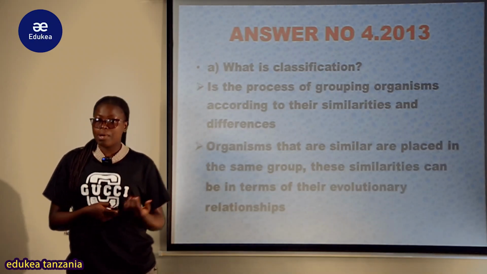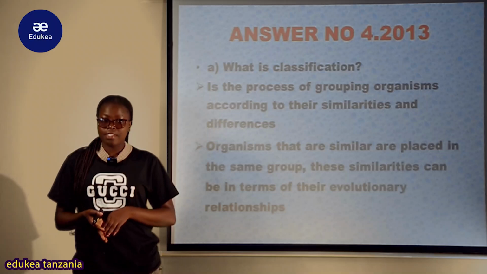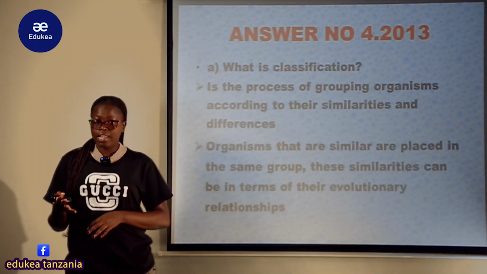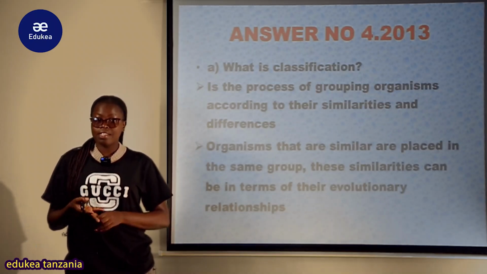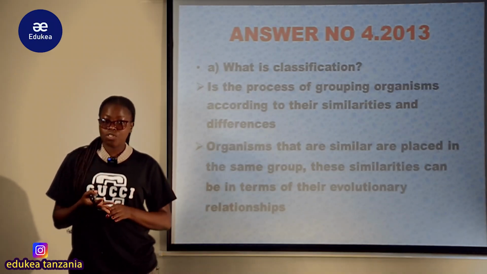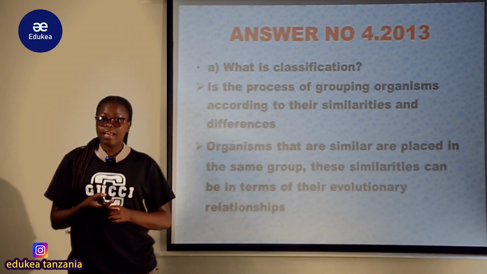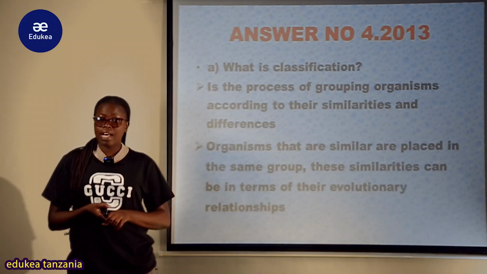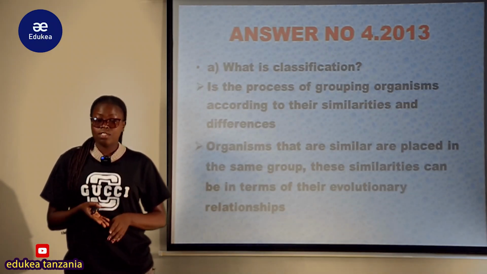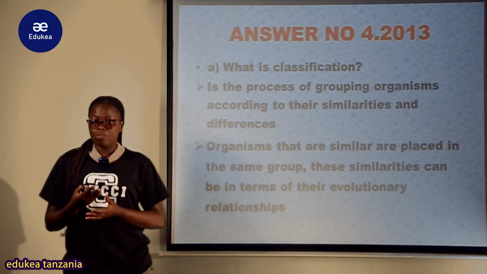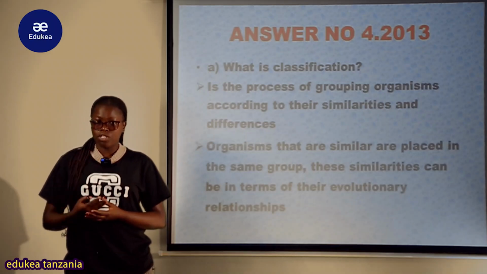Representative members of the kingdom fungi include the mushroom, which belongs to phylum Basidiomycota, the yeast, which belongs to the phylum Ascomycota, and also bread mold as well as Mucor. So these are examples of representative members of the kingdom fungi in short.